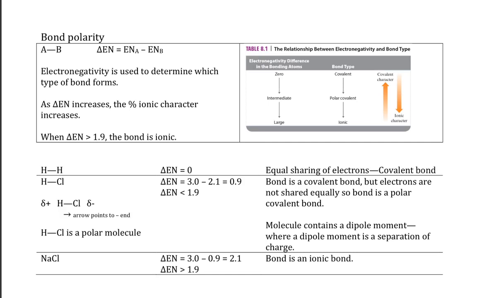If the electronegativity difference is large, greater than 1.9, then we call that an ionic bond, so we have high ionic character. If it lies somewhere between the two, so it's not 0, but it's not greater than 1.9, then we would call that a covalent bond, but it definitely is a polar covalent bond. That means the electrons spend more time on one atom, the more electronegative atom, than the other.